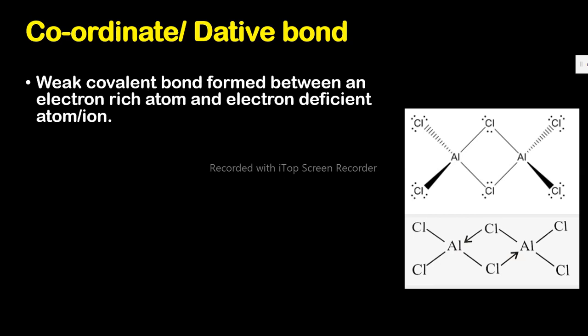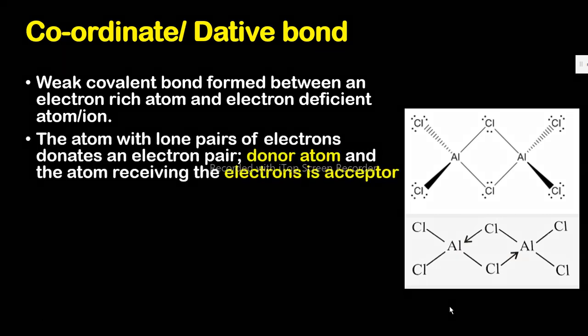It's a weak covalent bond that is formed between an electron-rich atom, this is your buddy, and an electron-deficient atom, this is you. So instead of electron, you can put here money-rich, and here money-deficient.